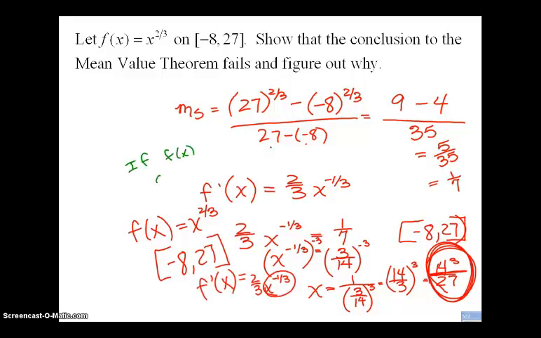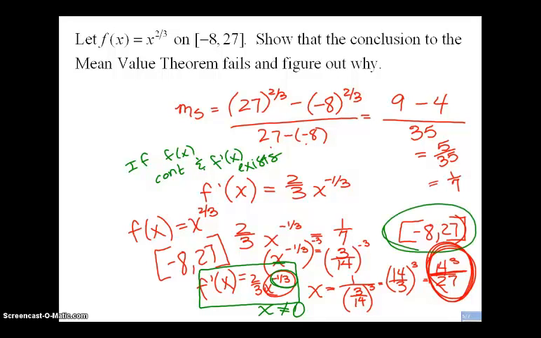If your function is continuous and differentiable, well, it is continuous, but on this interval f prime is not going to exist when x equals 0. And 0 is definitely inside of our interval. So although f is continuous on the interval, it is not smooth and continuous. It is not differentiable at some interior point. And because of that, the mean value theorem doesn't have to hold, because we don't have the if part of the if-then statement.